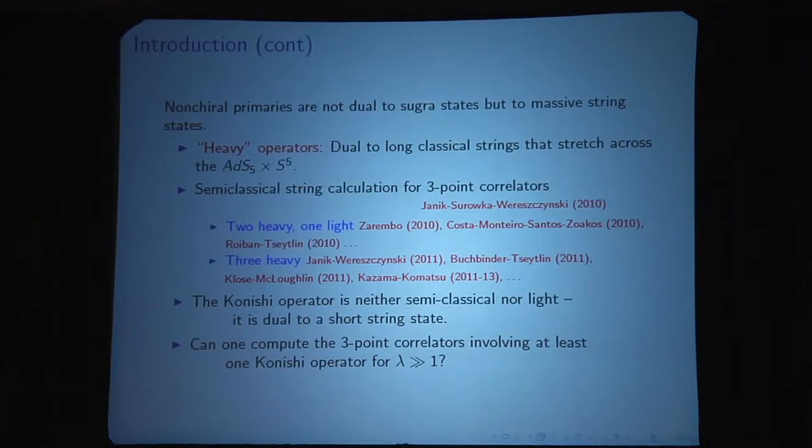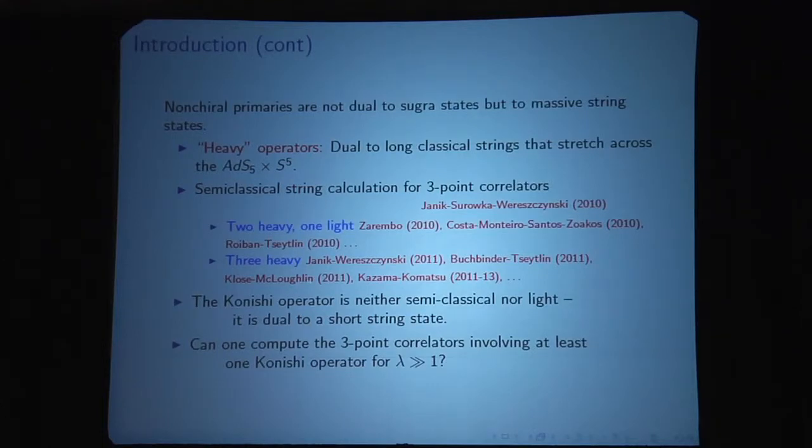There has been a lot of recent work, starting with this paper by Escobedo et al., to do semi-classical string calculations for three-point correlators. Some examples are the case of two heavy operators, dual to semi-classical strings, and one light, meaning basically a supergravity-type state. There has also been some work doing three heavy, so three semi-classical strings, and computing it that way.